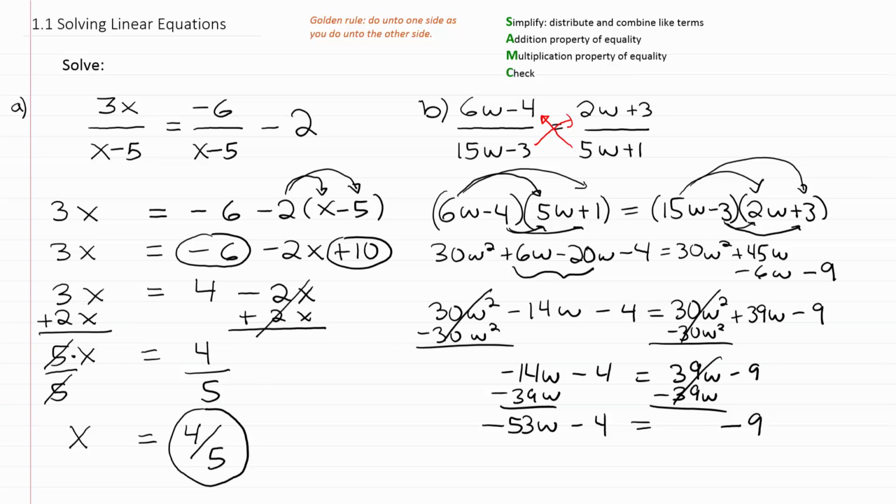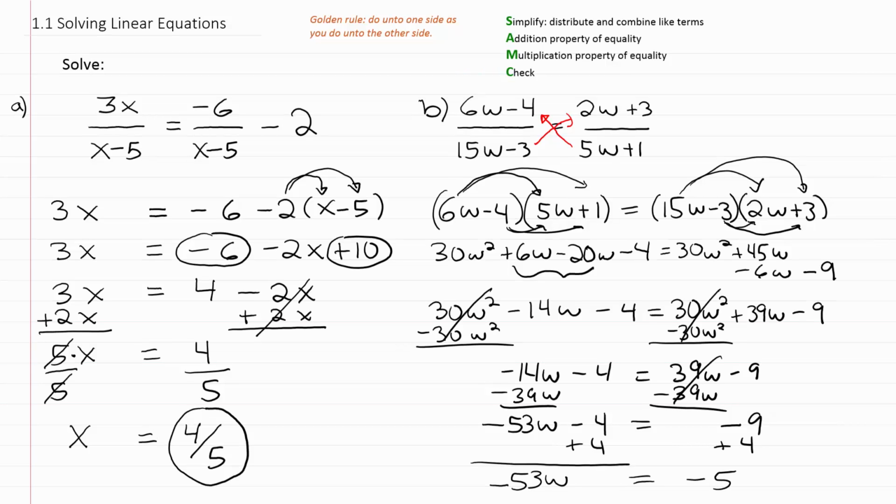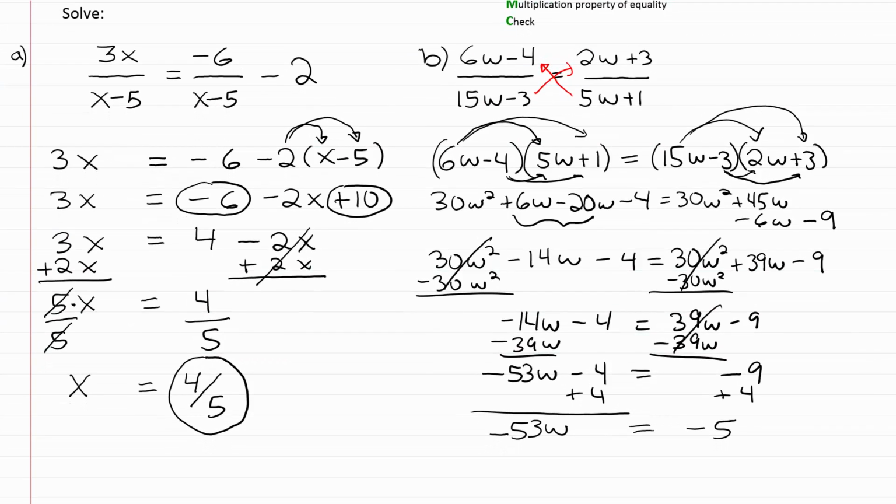Okay, and the last thing we're going to do using the addition property of equality is to add 4 to both sides of the equation. So I'll add 4 here on the left and add 4 here on the right. Now, that'll give us negative 53w is equal to negative 5. All right, so we'll move this up just a little bit to give ourselves some room. And remember, if we have negative 53 times w, in order to get rid of the negative 53 that's attached to the w, we'll have to divide by the same quantity.